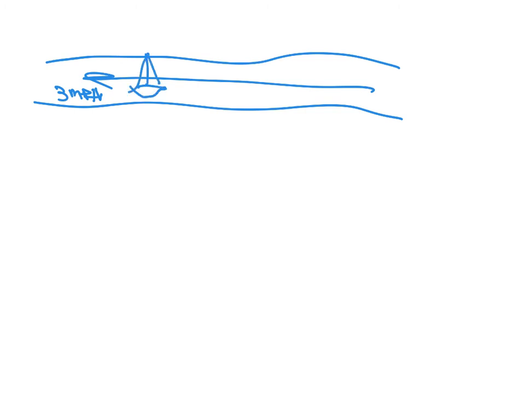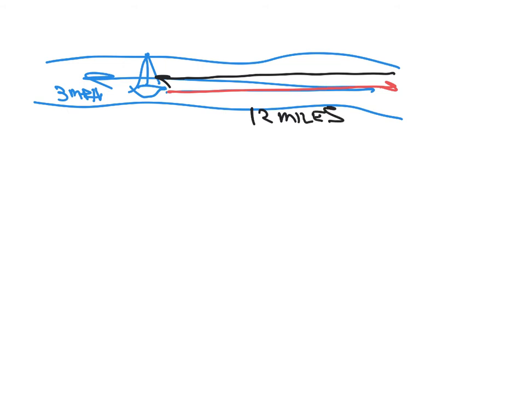It takes it 3 hours to go 12 miles upstream, red, and then back. So we've got 12 miles, 24 round trip. What is the speed of the boat in still water? So what is the speed of the boat without the current?